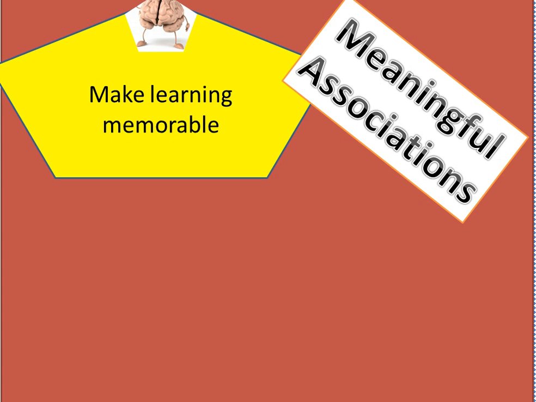So for example, if you're learning a new model or a new process, try and link it to something that you know has a structure that it can be applied to. A model that is used in a business context may be able to be linked to a model that you've used in a sport context.